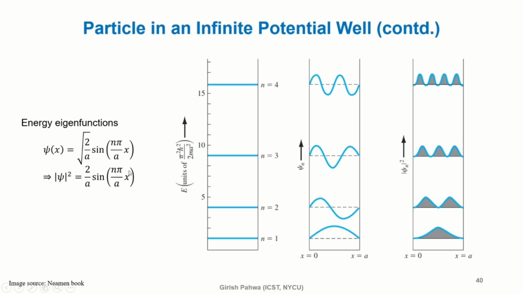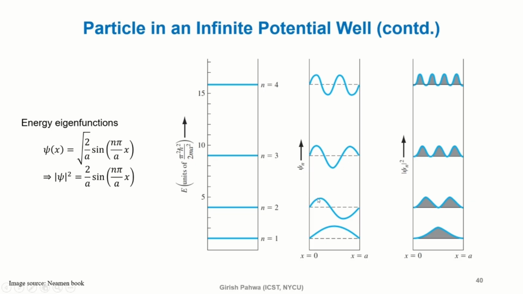So you have a node here. Similarly, if you look at mod psi square, the negative becomes positive, so this will invert. So you have this.